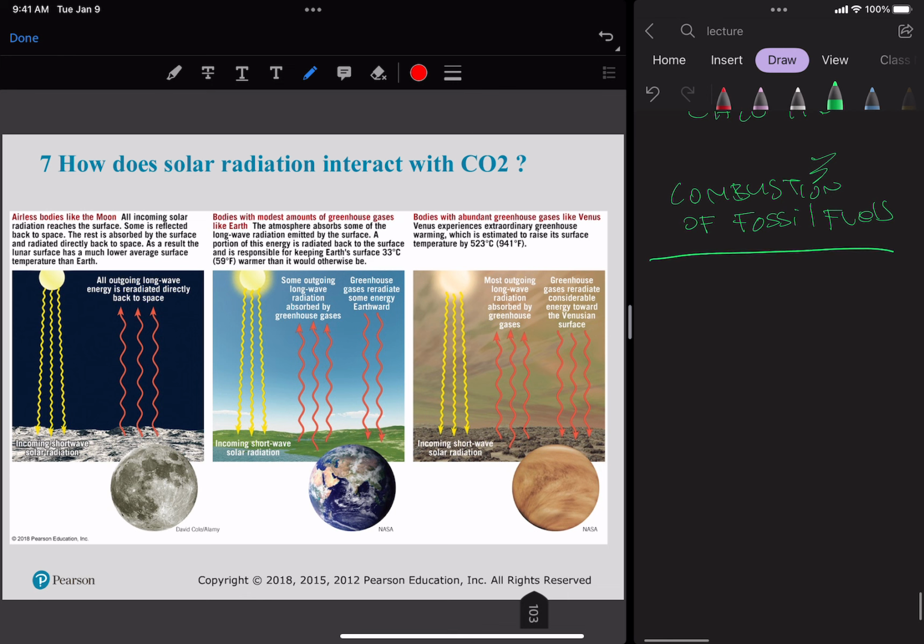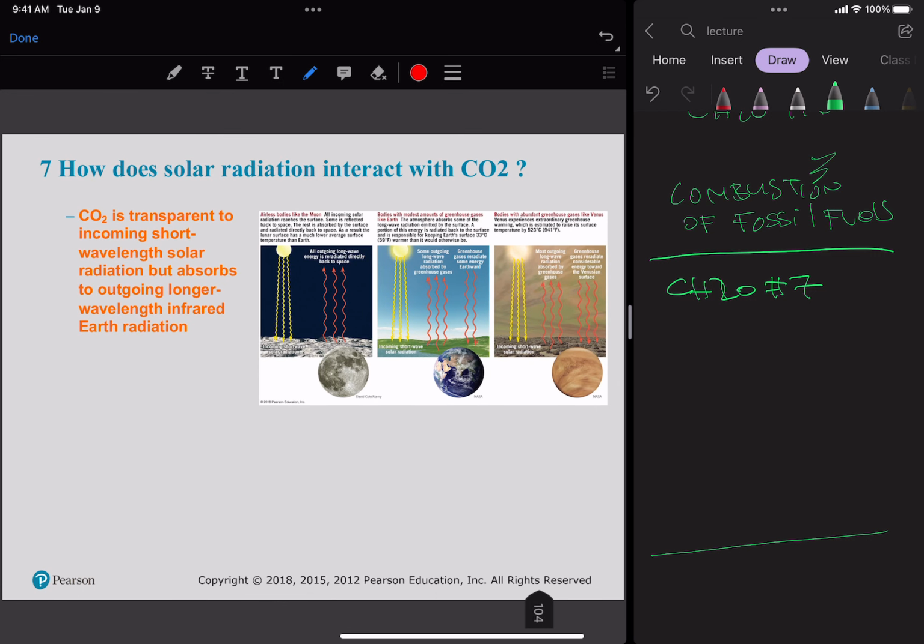Okay, next question. Chapter 20, number 7. How does solar radiation interact with carbon dioxide? We saw this before, but this is a review. This is the Earth's surface, and you have a hint here. This is our atmosphere.